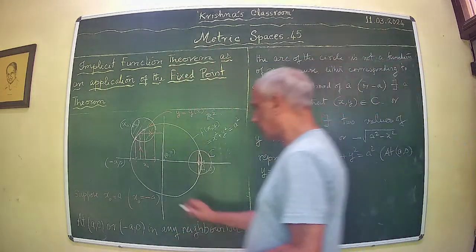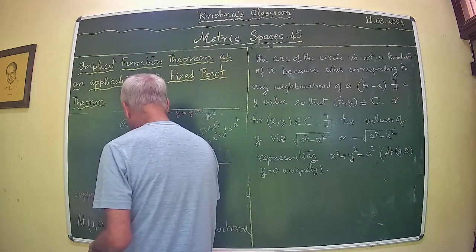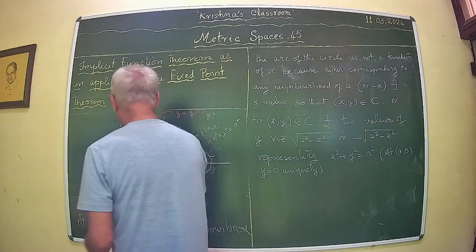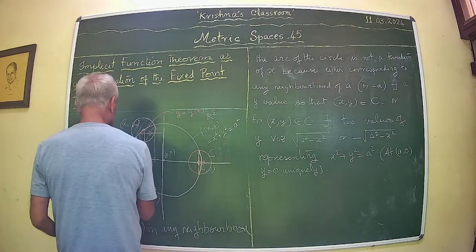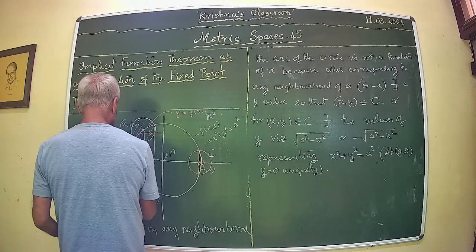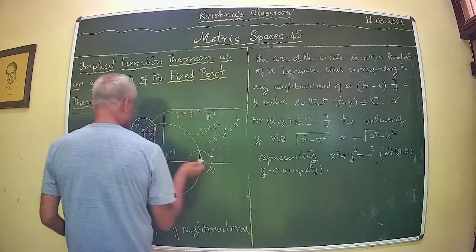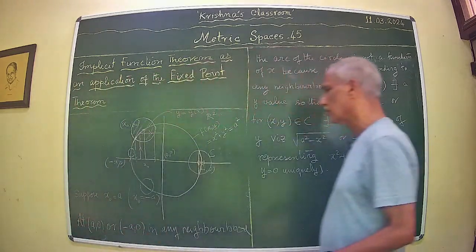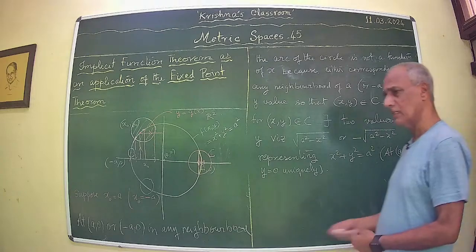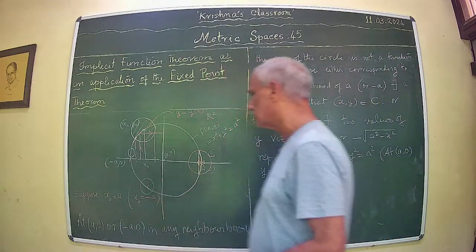Now if you are here, then you can find a neighborhood. Sometimes this neighborhood may have to be very small. For instance, if you are here, then certainly the neighborhood will have to be something which does not include the point a0 or minus a0. Okay, so that's the only constraint.